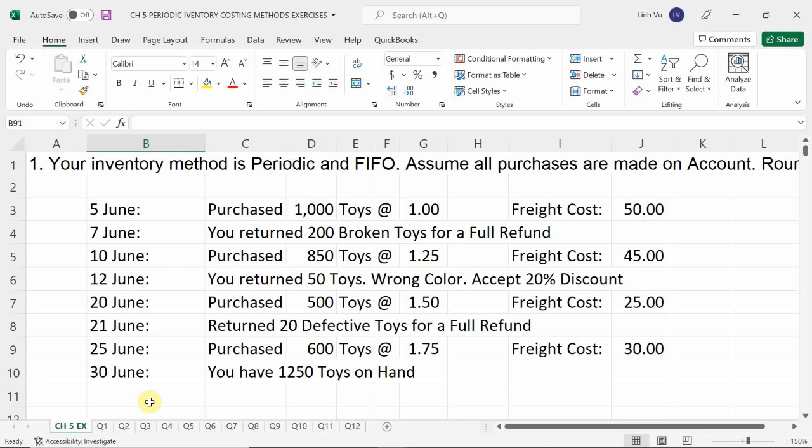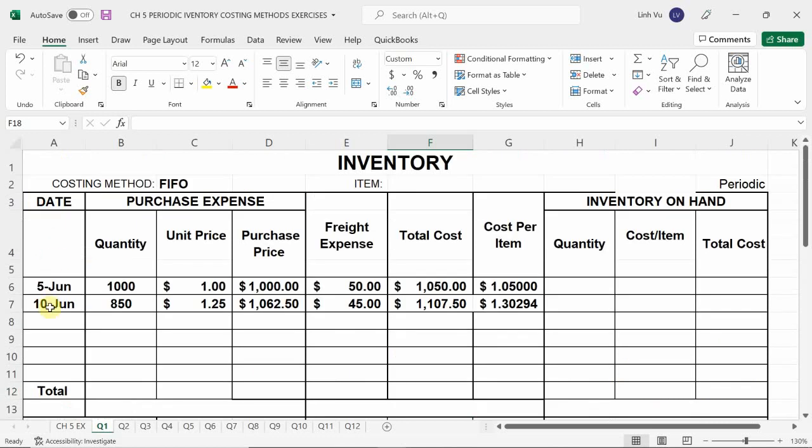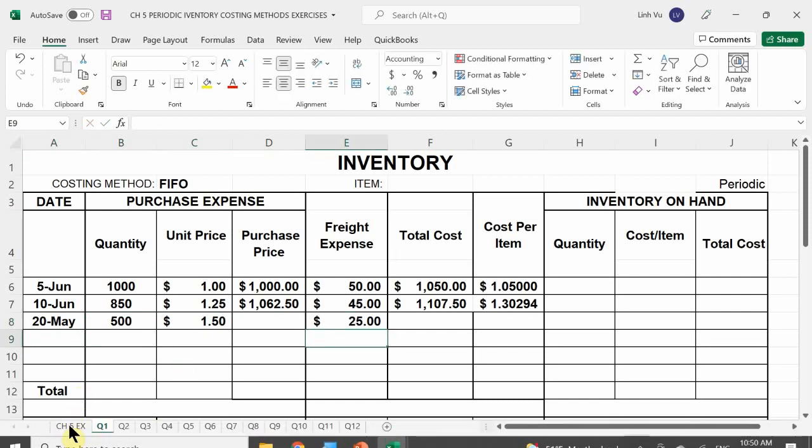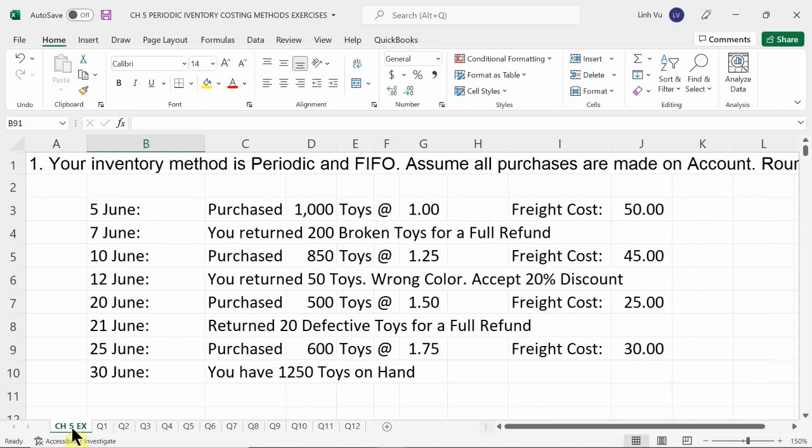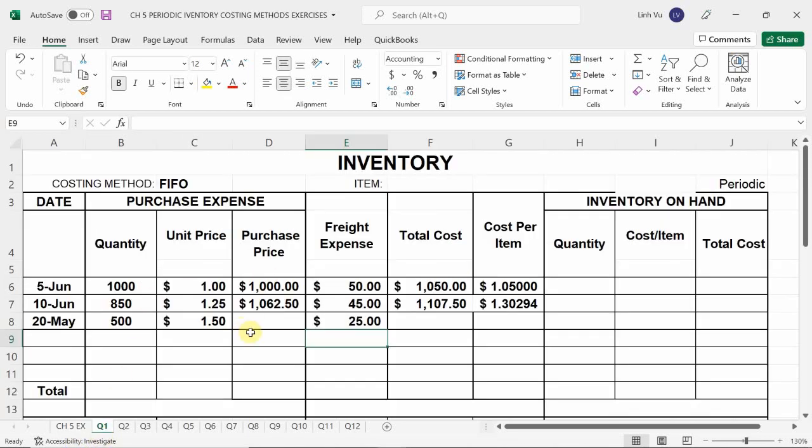So 500 at $1.50 and $25 freight. Okay. So what is my purchase price here? 500 at $1.50.